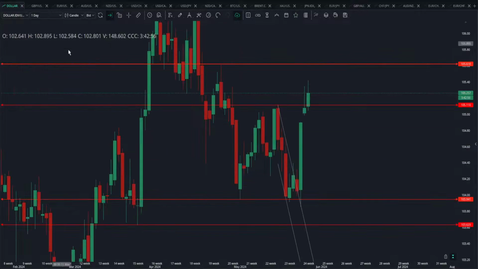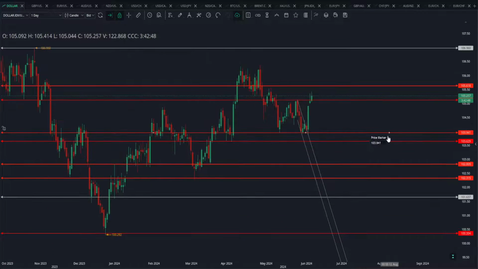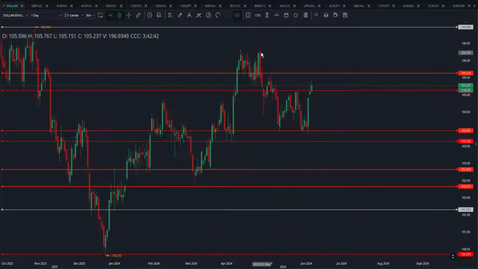It means that if US dollar for some reason starts falling from here, which I think is going to happen, why I'm thinking that, I'll let you know beforehand. You see this impulsive move here, boom, boom, boom.